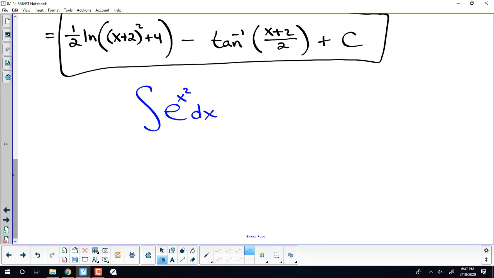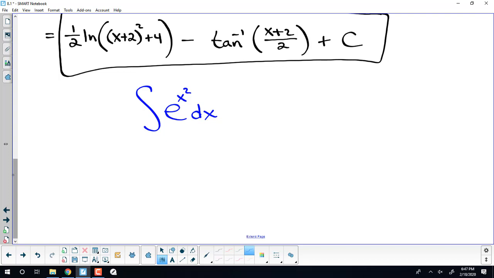That function does not have a known antiderivative, meaning there's no technique of integration that we can apply to get something out of that. Depending on what text you look at, they're called non-integrable functions. So you can look at those things and see that there's many of them. We don't know what function exists so that when we take its derivative, it gives us e to the x squared.